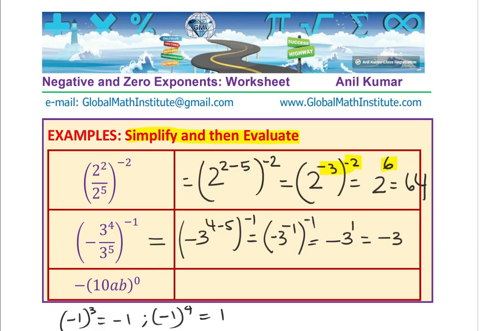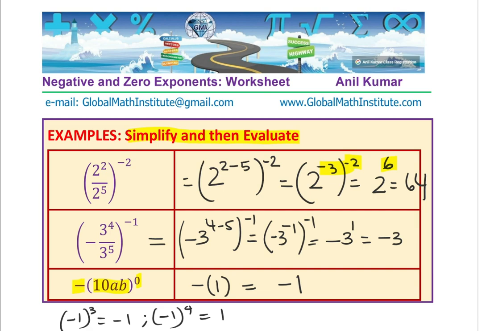And understanding the concepts. The last one here, we have a negative here and then everything to the power of 0. Remember this time, everything to the power of 0 will be what? Everything to the power of 0 will be just 1. But when you multiply by negative, we get negative 1 as the answer. Not just 1. You get the idea. You have to be careful.